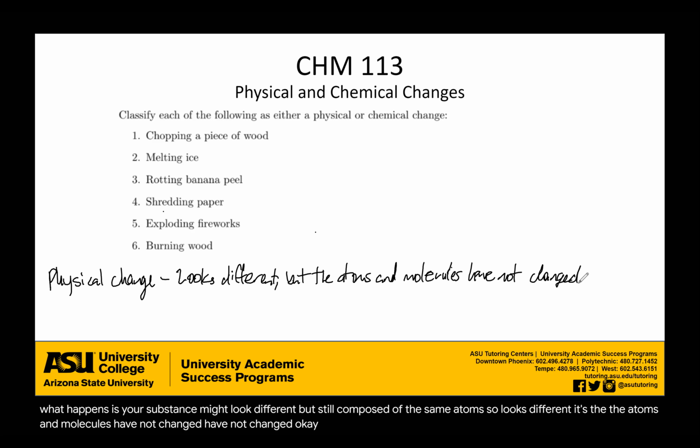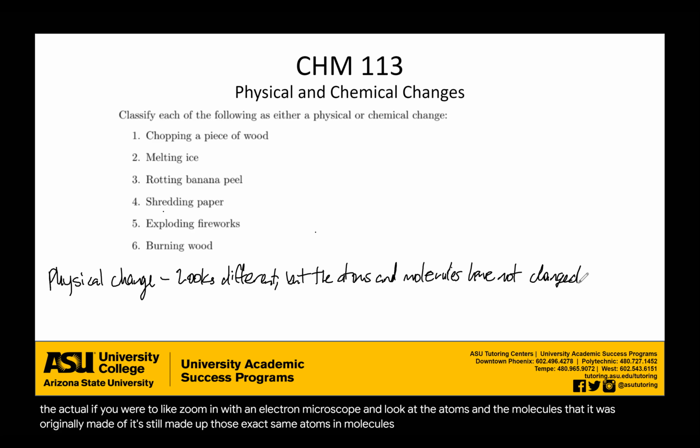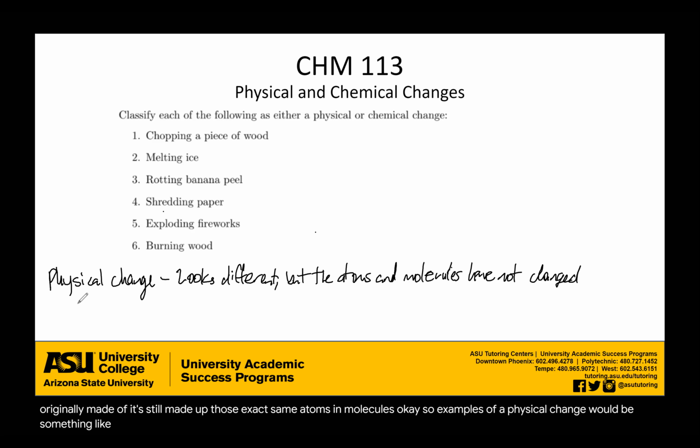Okay, so although the structure might look different to the human eye, if you were to zoom in with an electron microscope and look at the atoms and the molecules that it was originally made of, it's still made of those exact same atoms and molecules. Okay. So examples of a physical change would be a state change.